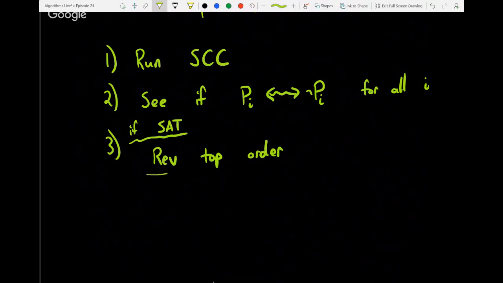So just make sure to go in the reverse order of when the components were found, or in the order the components were found, depending on the algorithm you're running. And you don't have to run a separate top sort to pull out the answer.